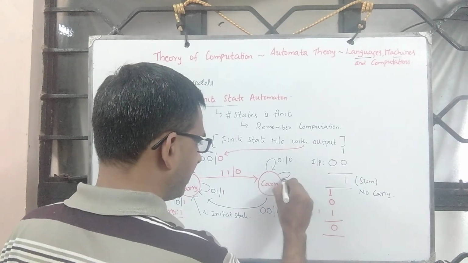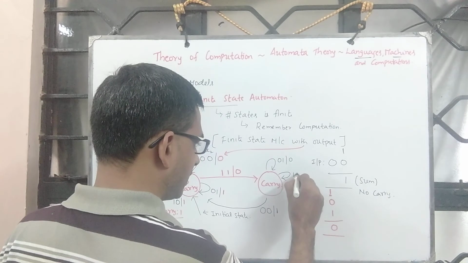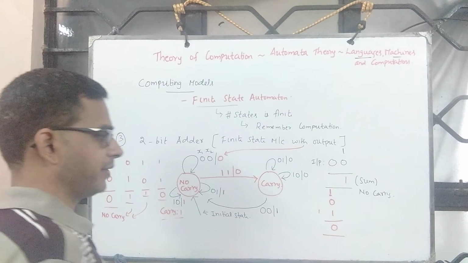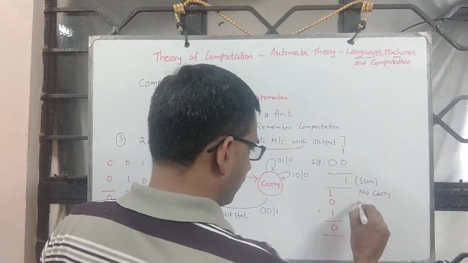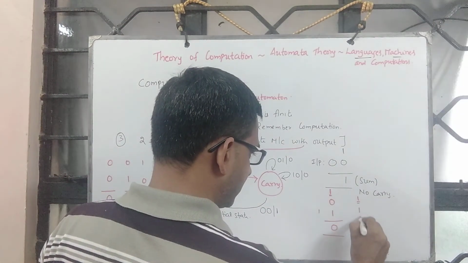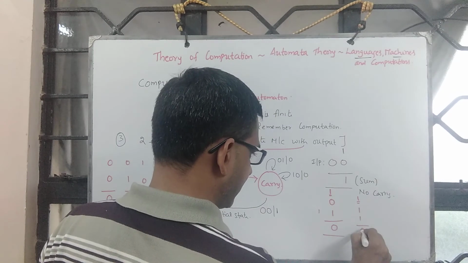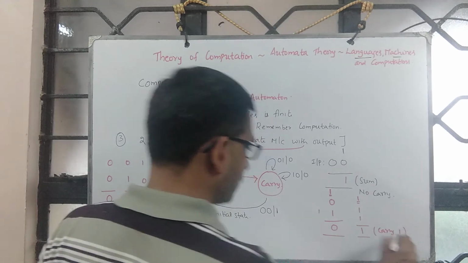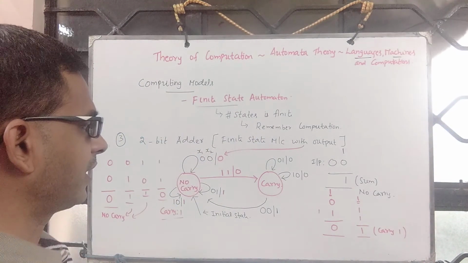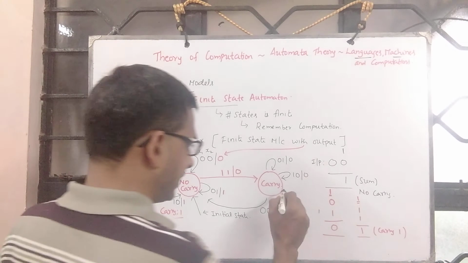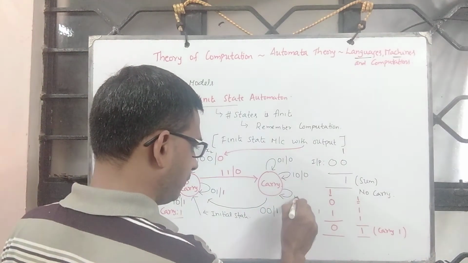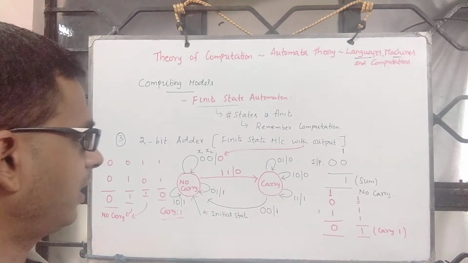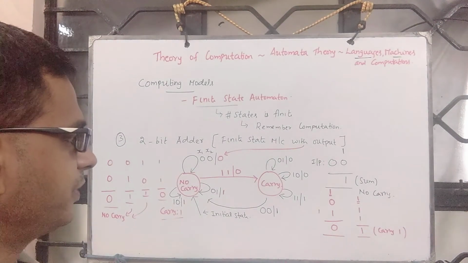On similar lines, when the input is 1, 0, sum will be 0, there will be a carry. Now there is a carry, and with this you receive 1, 1, then sum is 1 and carry is also 1. Correct? Which means there is a carry. When you receive 1, 1, sum is 1 and there is a carry. So like this it continues.